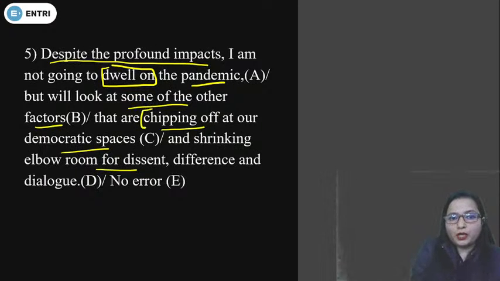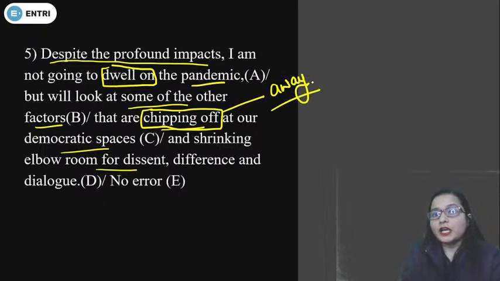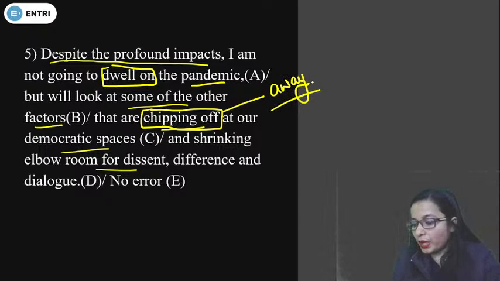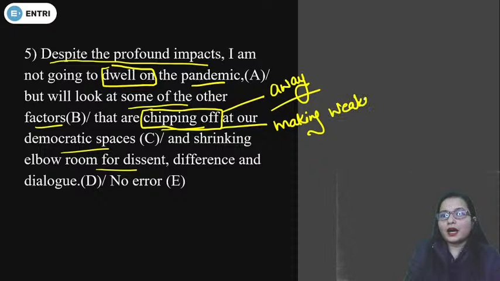So here, chipping off is the word written. It should actually be chipping away, not chipping off. So when we use chipping away, what does it mean? It means to make something weaker. It makes sense: we'll look at some of the other factors that are making our democratic spaces weaker.